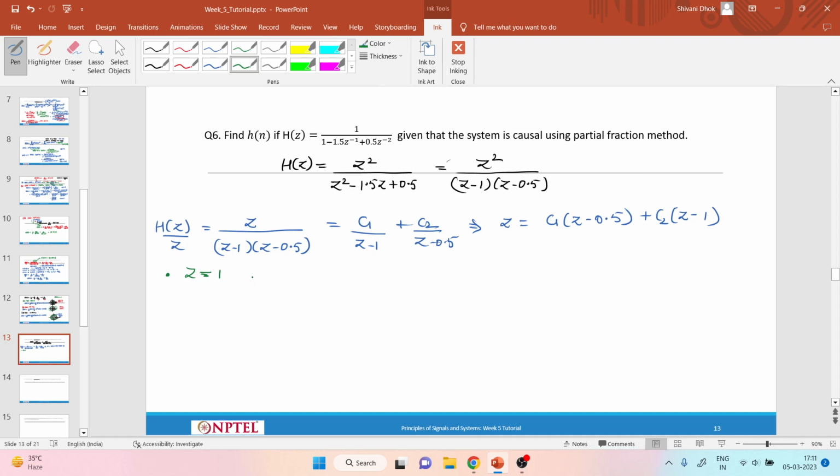Then my RHS remains 1, which is equal to c1 into 1 minus 0.5, which is 0.5 c1, so c1 equals 2.